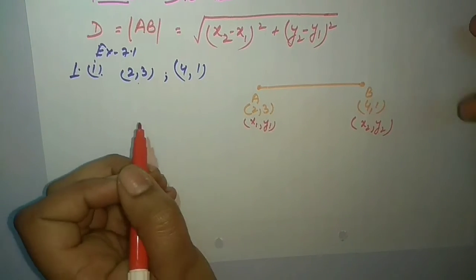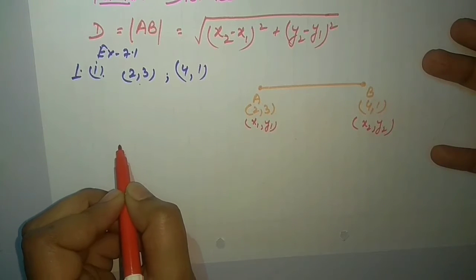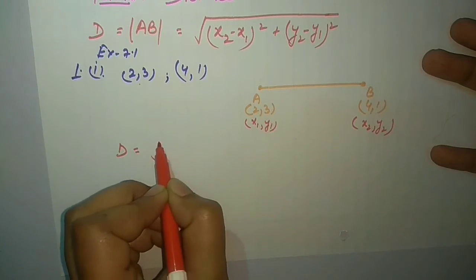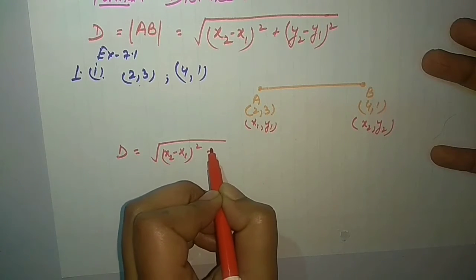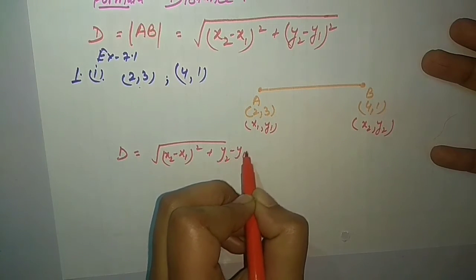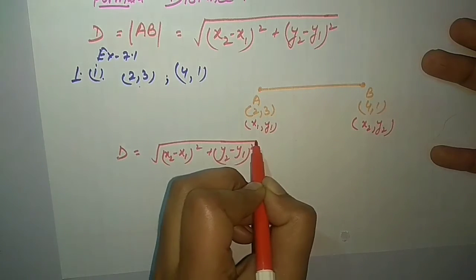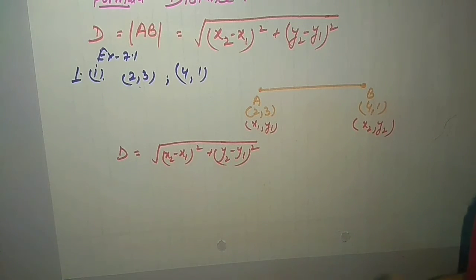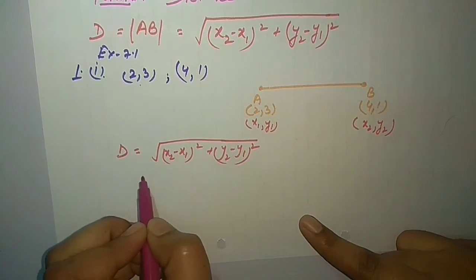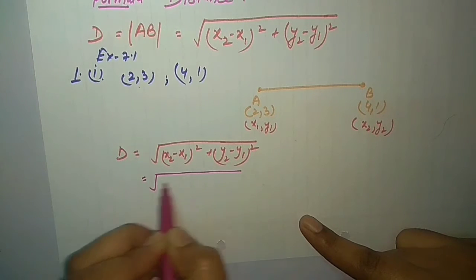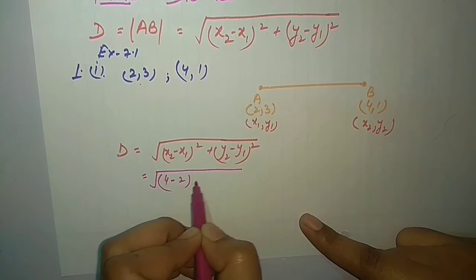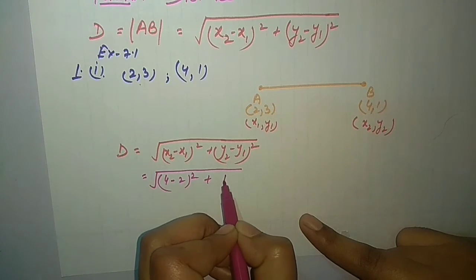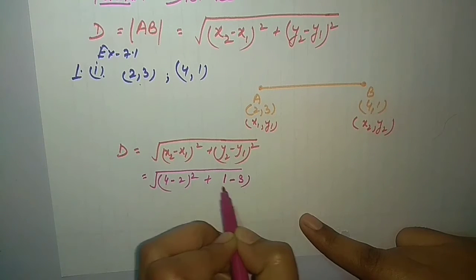Now write the formula, that is D is equal to root of x2 minus x1 whole square plus y2 minus y1 whole square. Now put the values: x2 is 4, x1 is 2 whole square, y2 is 1, y1 is 3 whole square.